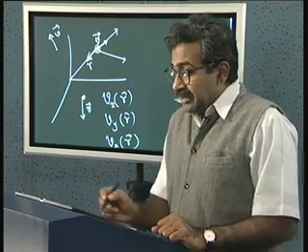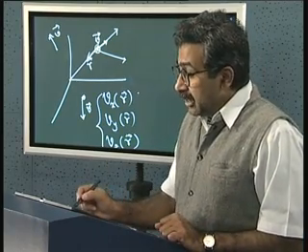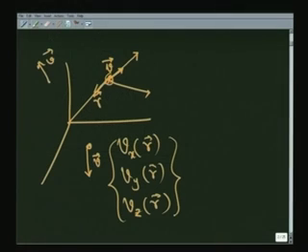Now, when I say that this particular triplet is going to transform like a vector, what do you mean by that? In writing this as a function of r and in assigning these labels x, y, and z, I obviously have in my mind a coordinate system, maybe this coordinate system, which I will denote by S1. So this, as usual, is my z-axis, this is my x-axis, this is my y-axis.